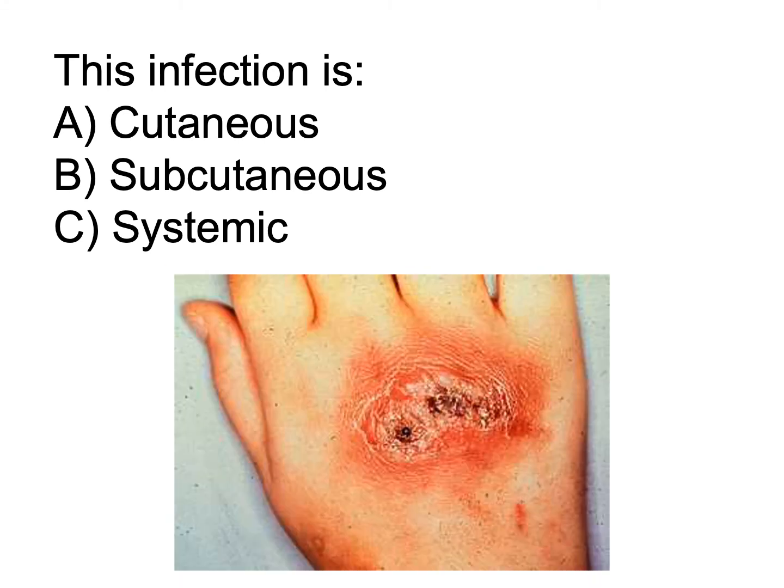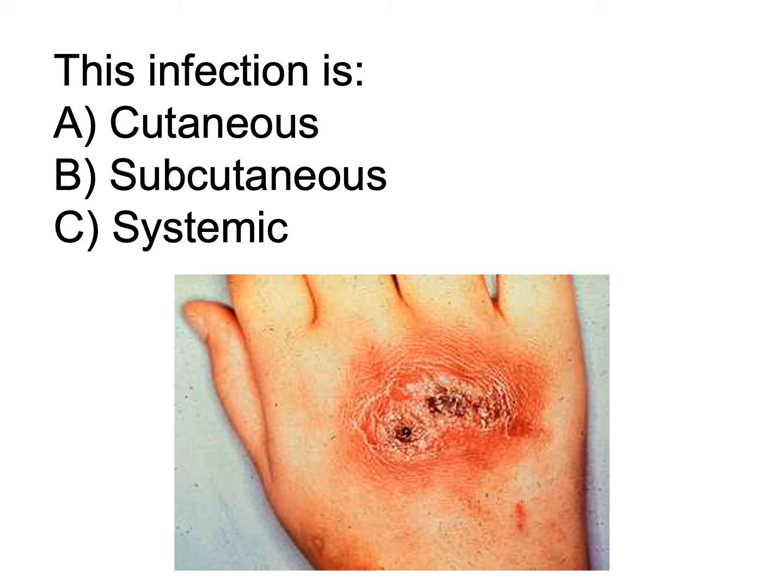This infection is A, cutaneous, B, subcutaneous, C, systemic. The answer is C, systemic. This infection has likely become systemic. It might have started out as a subcutaneous fungal infection, but maybe you scratched it, it bled, it got deeper, it became more infected.